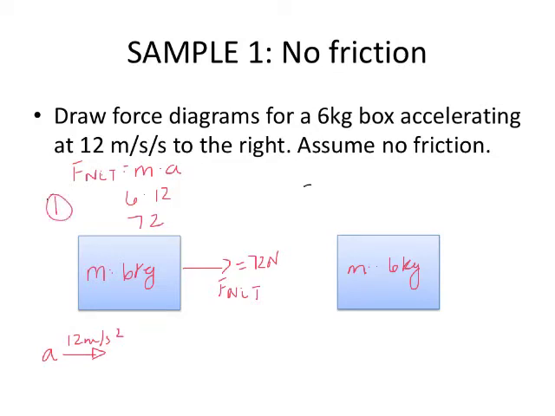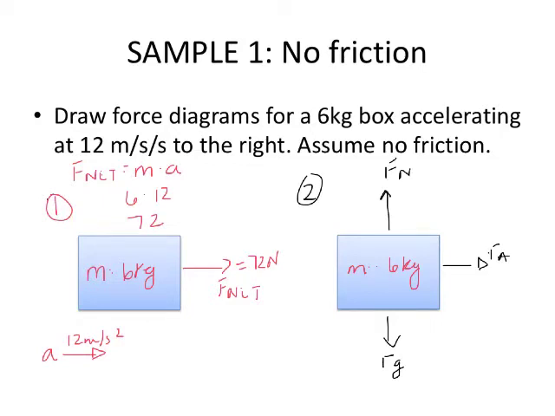Second diagram is the force diagrams we've been dealing with before, where you put all the forces that you have on the diagram. So we know we'll have an applied force. We know we'll have a force of gravity, right? And then since it's accelerating only to the right, we know it's not falling, so it has to be on a surface.